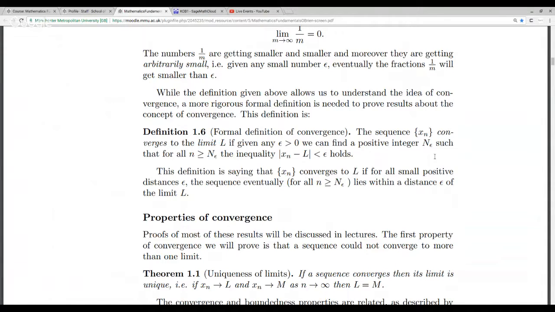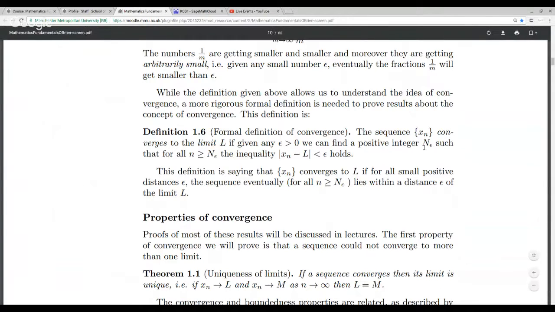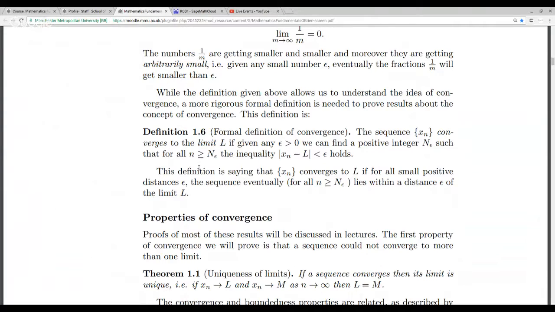So different values of epsilon will probably require different values of capital N. So if for every positive epsilon we can always find a value capital N, and the property that capital N has is that whenever the index little n is bigger than capital N, the absolute value of xn minus L is less than this epsilon.